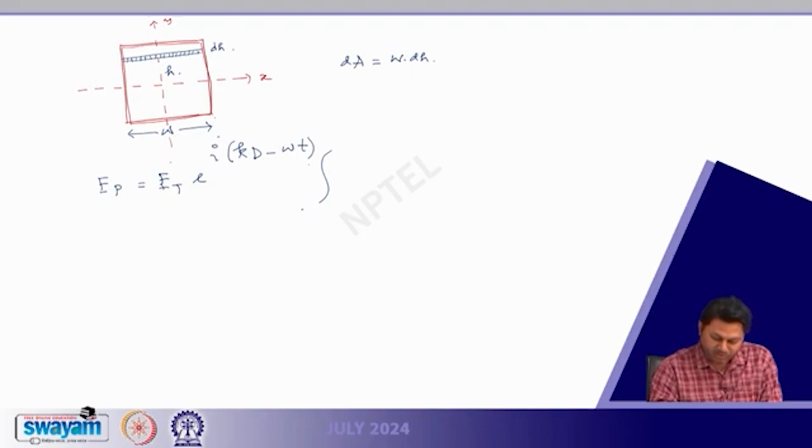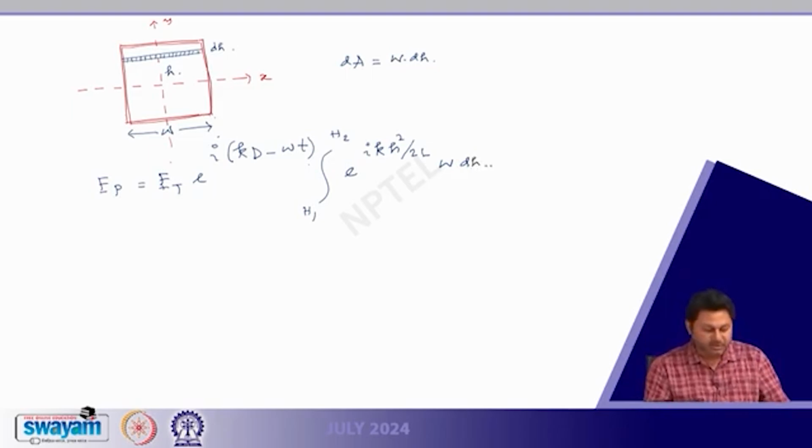So, I can write h1 to h2, then I write e to the power of I k h square by 2l, then dA is w dh. That is the integral we finally get.